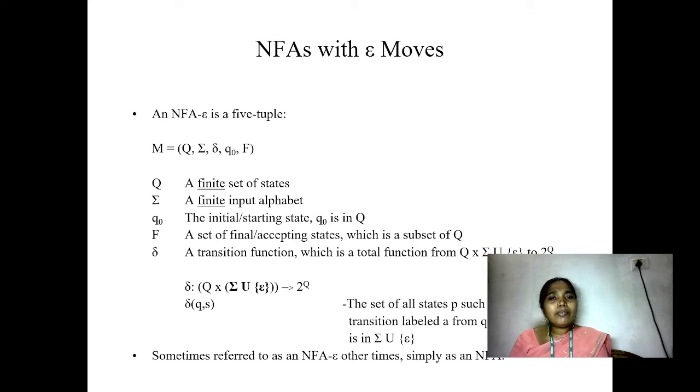And delta is a transition function, a total function from Q cross sigma union epsilon, which results in 2 to the power Q. That is, the set of all states P such that there is a transition labeled a from Q to P, where a is in sigma union epsilon. It is sometimes referred to as an NFA epsilon, other times simply as an NFA. My dear students, be clear that the base language is the regular language and the expression is a regular expression.